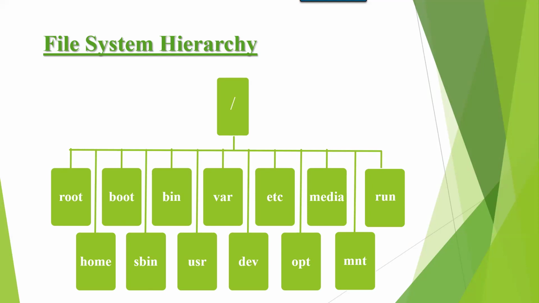Bin contains normal user commands, meaning the commands which can be executed by normal users. Whenever we log in to the computer and execute something as a normal user, it will check in the bin directory. Bin means binary. If the command executed by the normal user is available in the bin directory, it will show you the output.